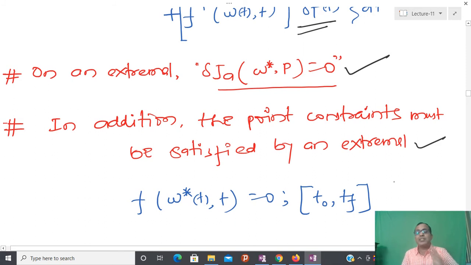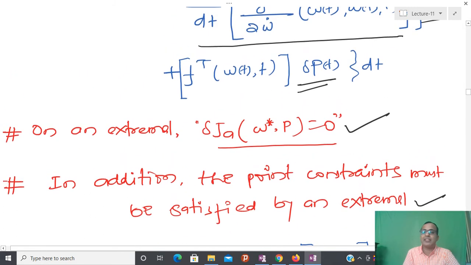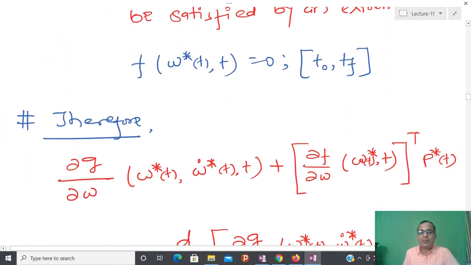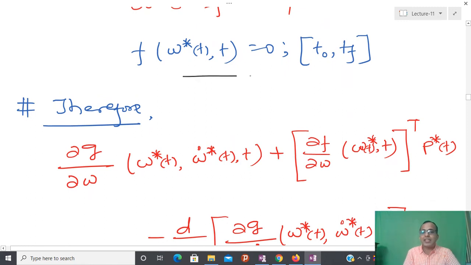This constraint should be satisfied everywhere, and due to that reason this is equal to 0. Even if δp(t) is arbitrary, you can take any p(t), but this is equal to 0. So we have observed that this condition always comes into the picture.